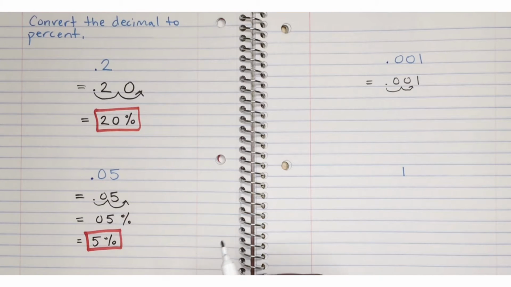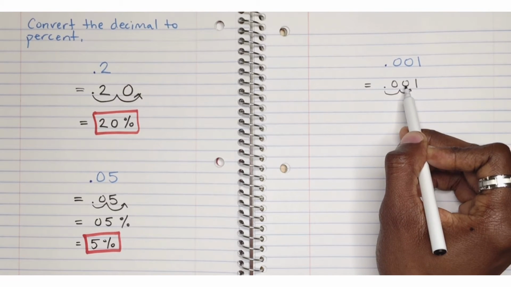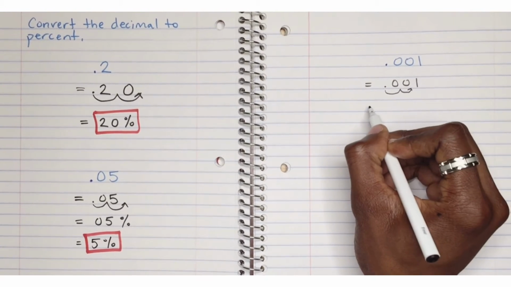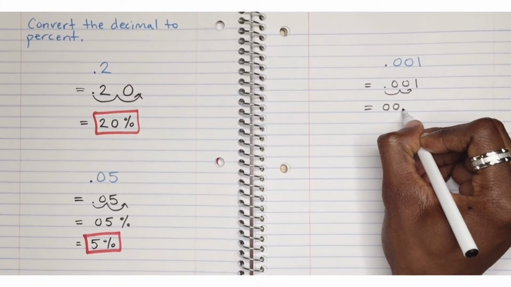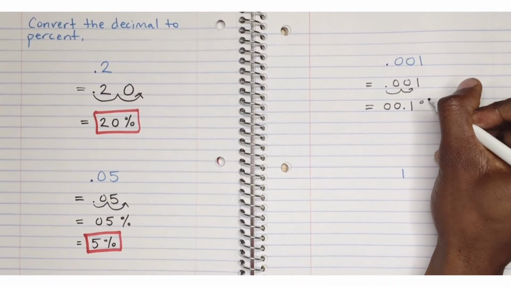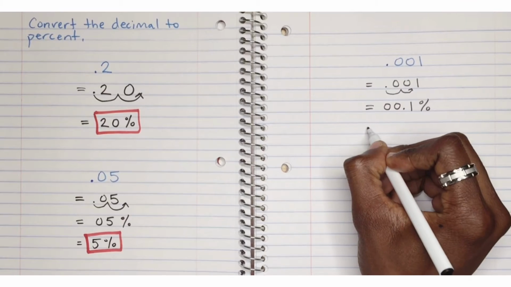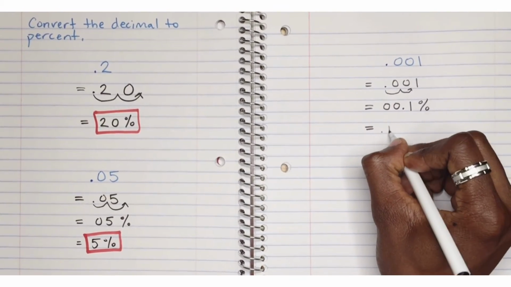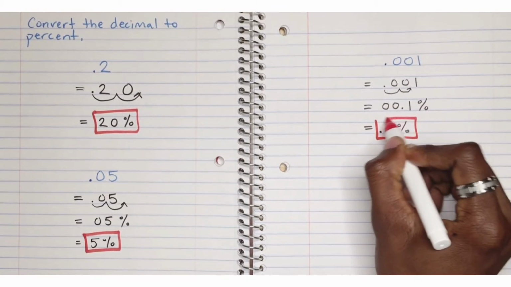Because the decimal lands between this 0 and this 1, we're going to keep it. So we're going to write 0.1, and then we'll put a percent sign at the end. Okay. And this is equivalent to 0.1%. And that's your answer.